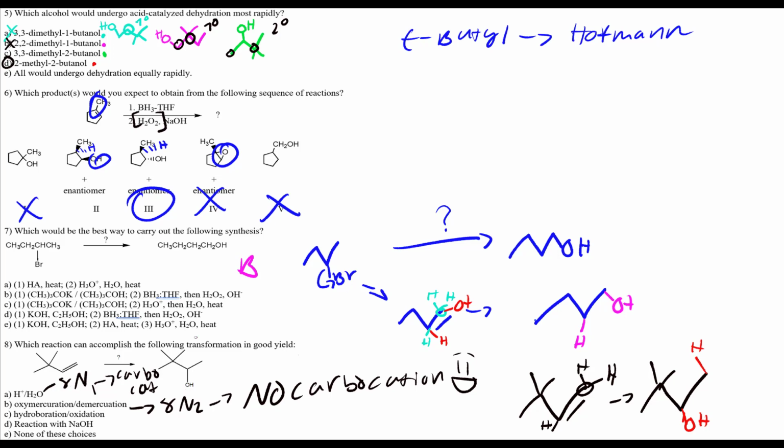B is correct. The reason why C is incorrect is because it does hydroboration, and that doesn't do any carbocation rearrangement either, but the problem is that it does anti-Markovnikov. So it would actually add the alcohol in this area. So you would expect your alcohol to be over here, which is not correct. So C is wrong. The answer choice is B. What about D, sodium hydroxide?